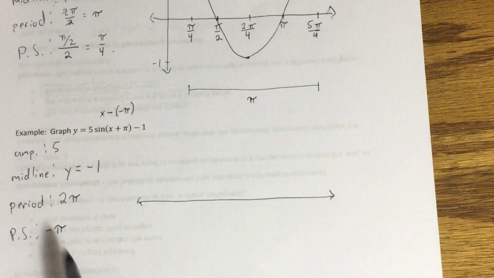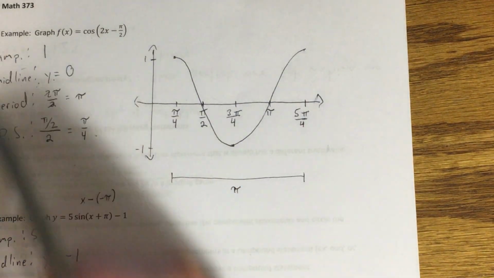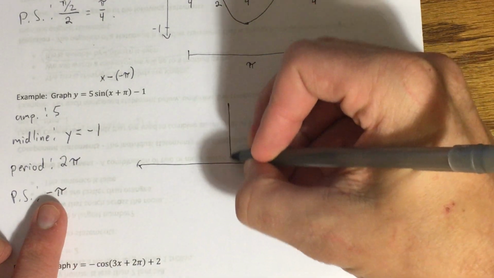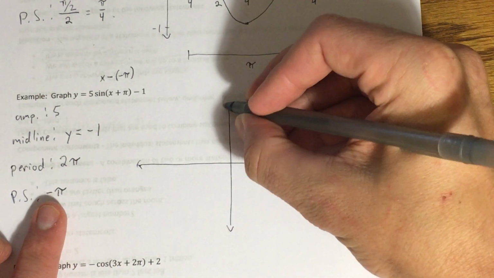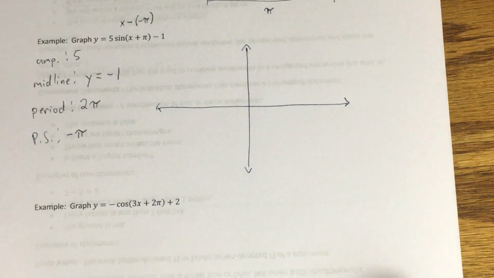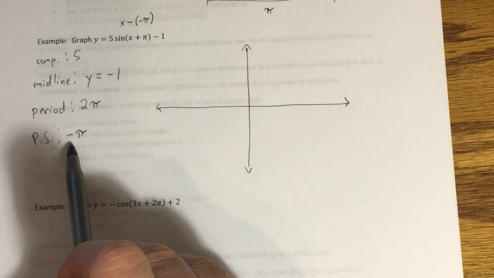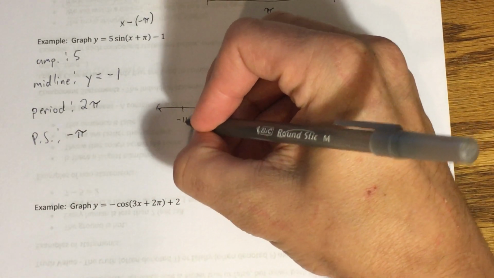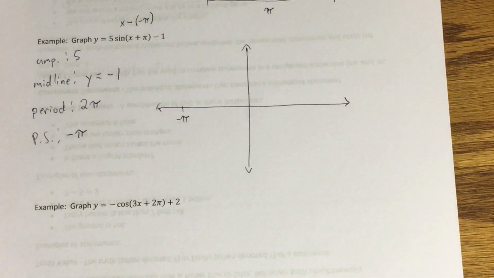Here, however, my phase shift is going to take this first point and move it over to the left. So I have to intentionally look at that and think, I need to make sure I have space on the left side of my y-axis here. So the phase shift is telling me where that leftmost endpoint is going to be. Negative pi.